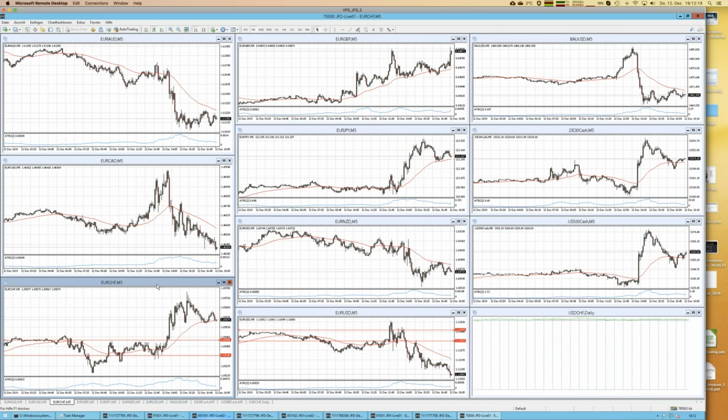Now let's focus on two charts here, in the lower right corner: Euro Swiss franc and Euro US dollar. You see that I have drawn two lines in both charts. Those two red lines have a distance of 100 points or 10 pips.